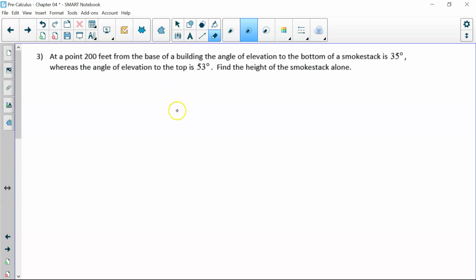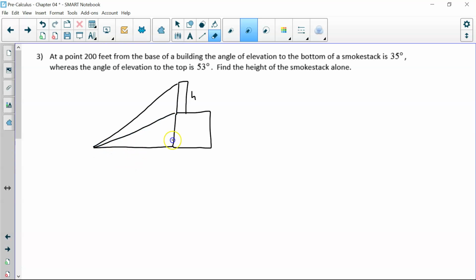So here, I'm going to draw a quick sketch. Here's our building, and here is our smokestack. We want to find this value, the height. Now, we want to break this into different pieces. So if I look, we're here at the bottom. The angle of elevation from the ground to the bottom of the stack is 35 degrees.